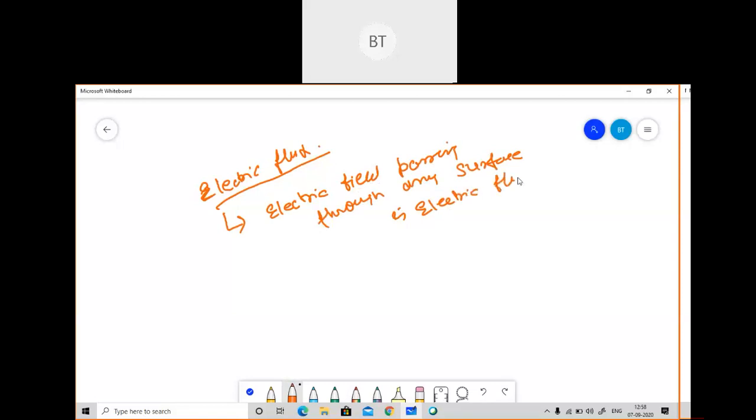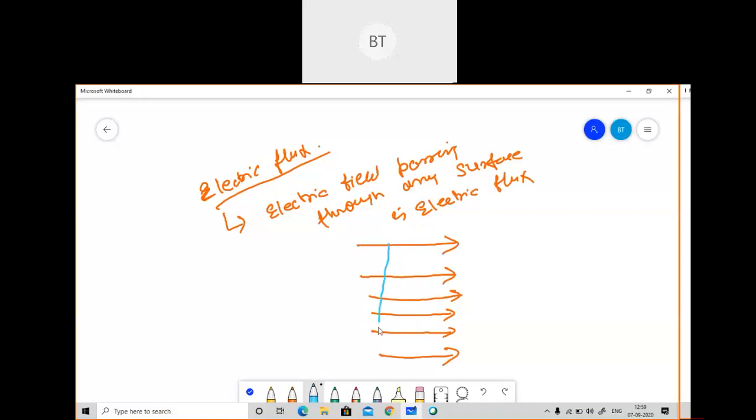Suppose I'm taking a uniform electric field here. Uniform means it has the same magnitude and the same direction. Inside that electric field I am putting a surface, say a rectangular surface, which is perpendicular to the electric field.